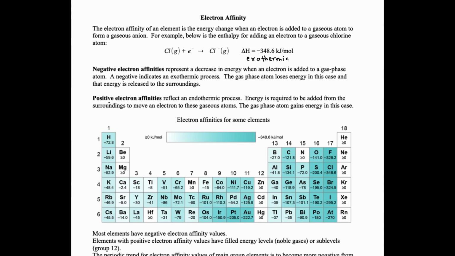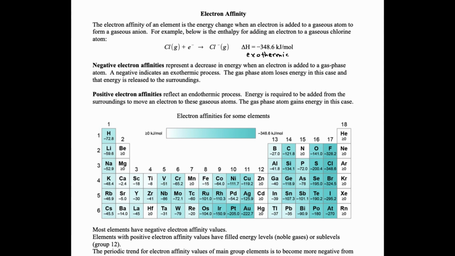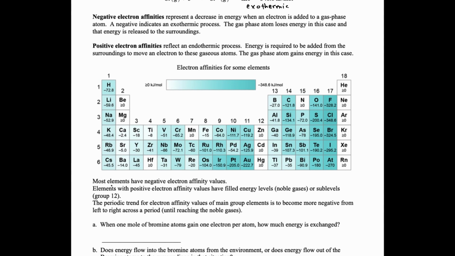Now, if we find that we have a positive electron affinity, this will represent an endothermic process, and energy is required to be added from the surroundings to make the electron bind to the atom. Examples of those could be the noble gases. They do not want to accept electrons very easily, so making them accept electrons requires energy to be put in. It says here that most elements have negative electron affinity values.